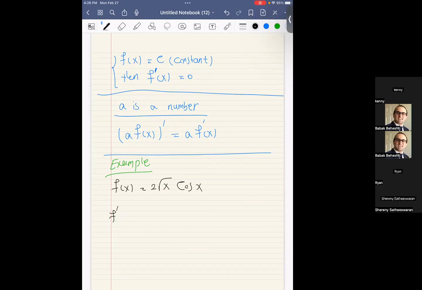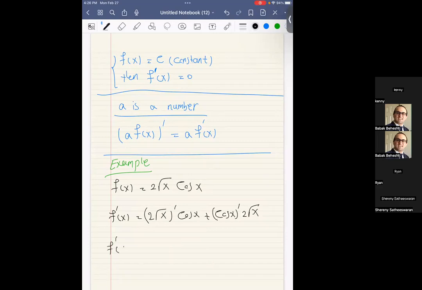Here we have to use the product rule, right? The product rule says that the derivative of this product is the derivative of the first function times the second function plus the derivative of the second function times the first function.